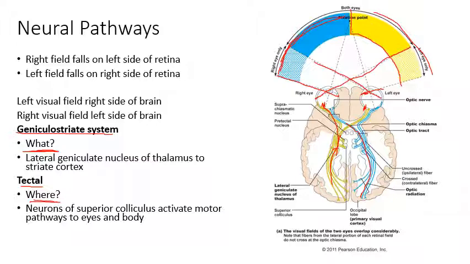You see the tectal, the where, and then this is the what pathway. And there we have it. That is it for vision. I know it's a long haul, but we are done with sensory, and now we can move on to autonomic, which is fairly simpler than the complexities that we see in the sensory.